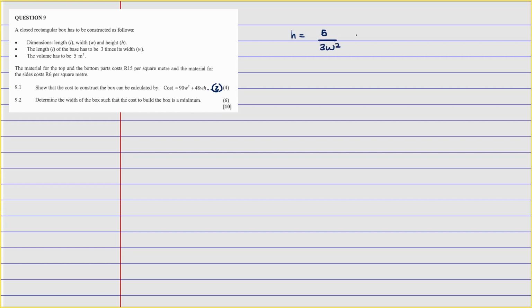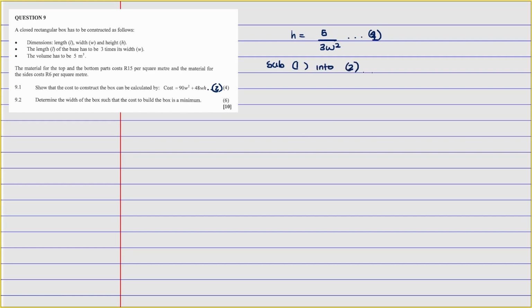Let me check whether it's the right thing. Yes, it's the right thing. So we're going to substitute this back into the cost equation.